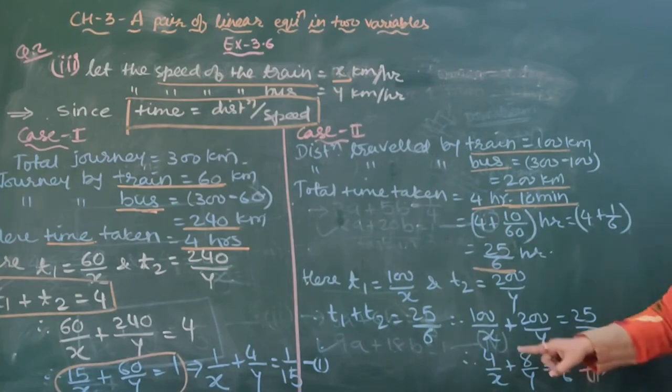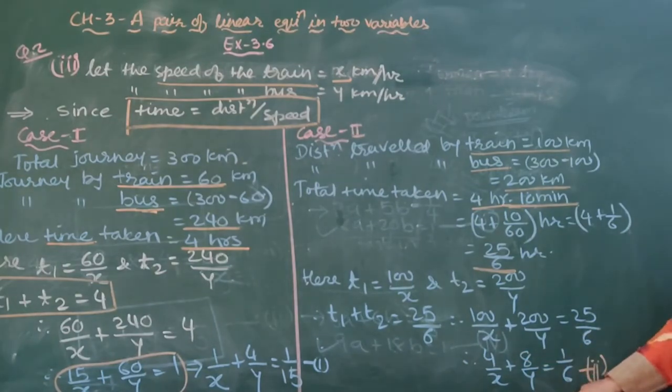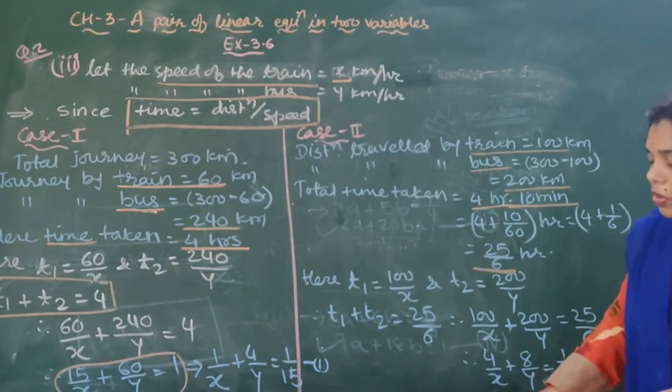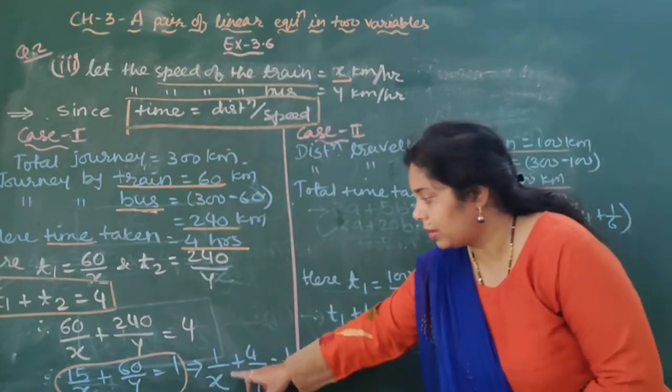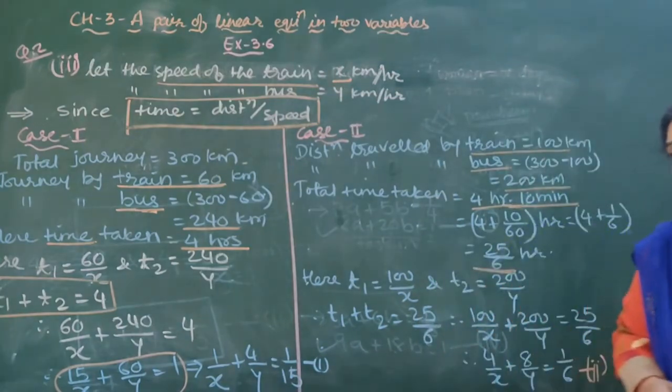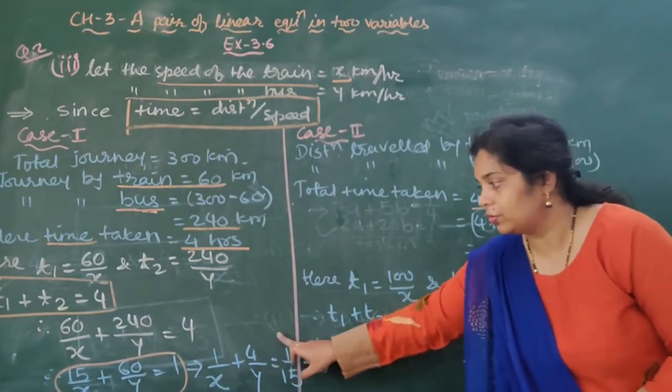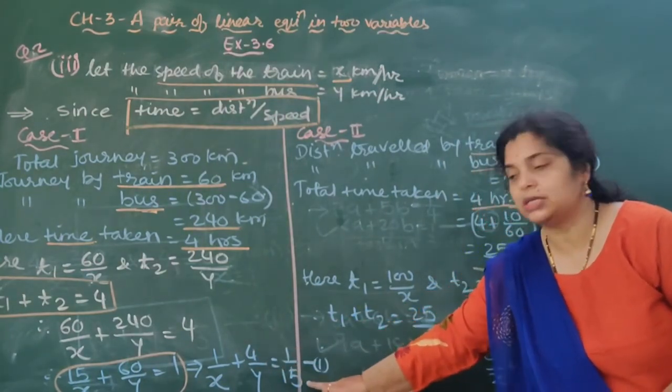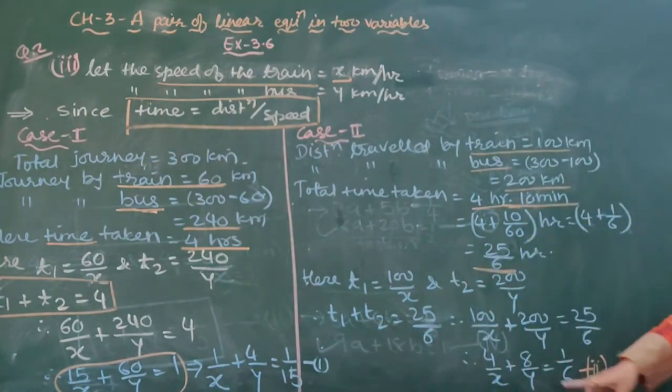As you see, both the equations are not in an exactly standard form. Again you have to assume here 1 by x is equal to a and 1 by y is equal to b. So our first equation would be like this: a plus 4b is equal to 1 by 15. Here 4a plus 8b is equal to 1 by 6.